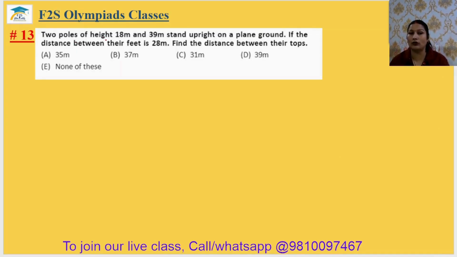Two poles of height 18 meter and 39 meter stand upright on a plain ground. If the distance between their feet is 28 meter, find the distance between their tops. What is the question saying? There is a ground and two poles are standing on it.